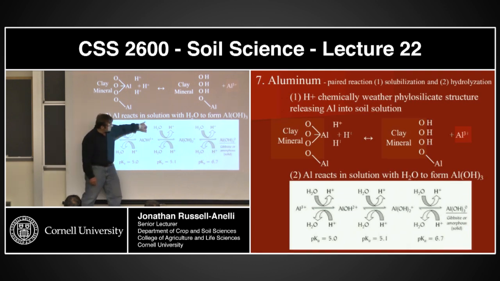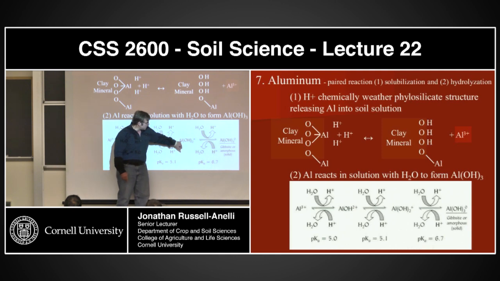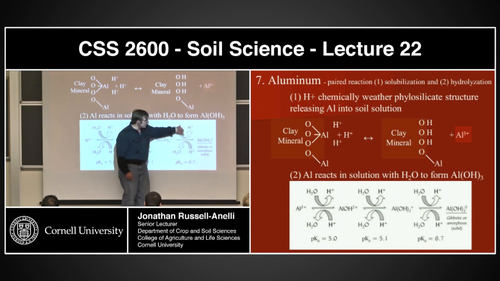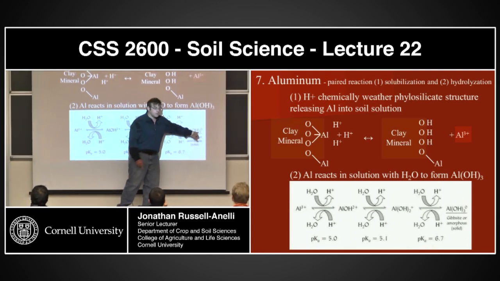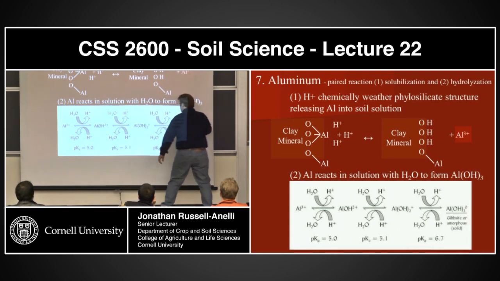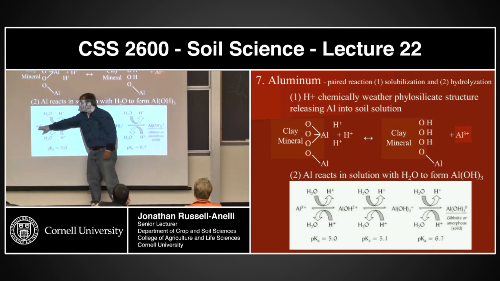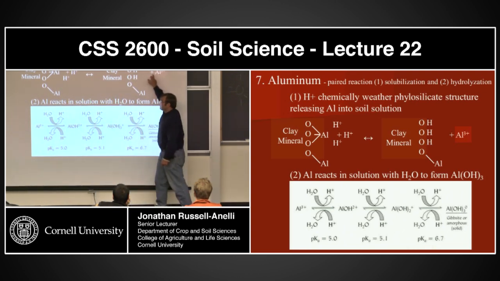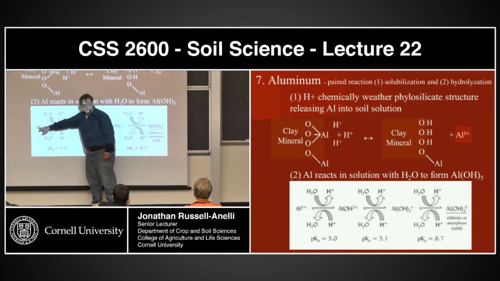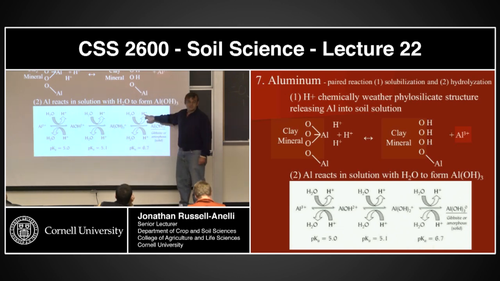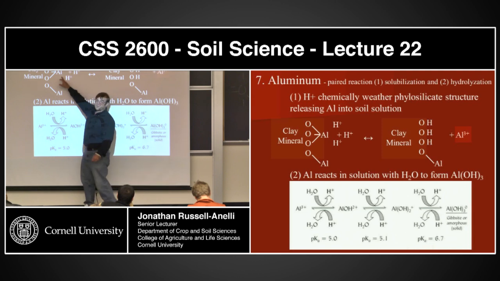It's going to continue to react with another water and make an AlOH2 plus 1 charge. It's still not balanced. It's going to react with another water, creating an AlOH3. Basically, this is a Gibbsite, at which point the charge has been balanced. But in the process of that aluminum balancing out, it has released 1, 2, 3 protons, basically acidifying the soil solution. It's putting this into the soil solution just by it being released.